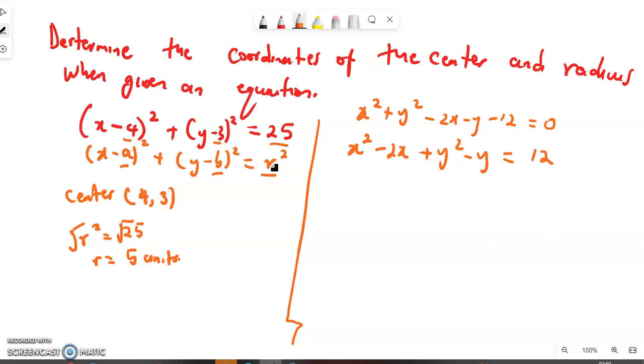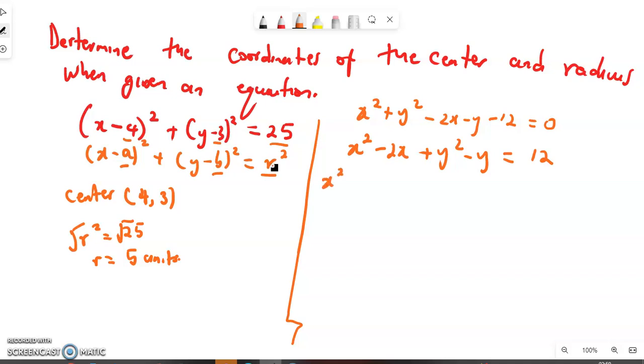equals 12. Alright, so to write this in the form of (x minus a) all squared plus (y minus b) all squared is equal to r squared, we need to complete the square. So how do we complete the square?